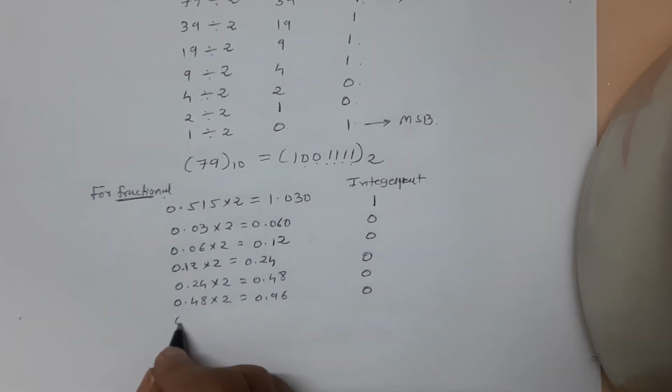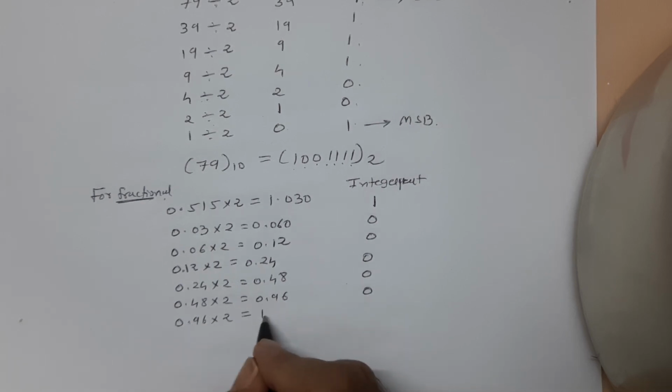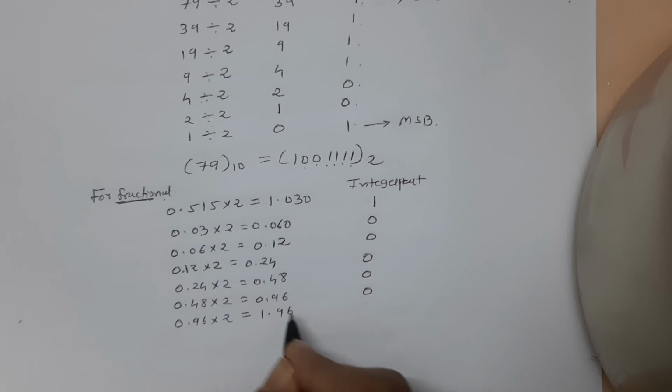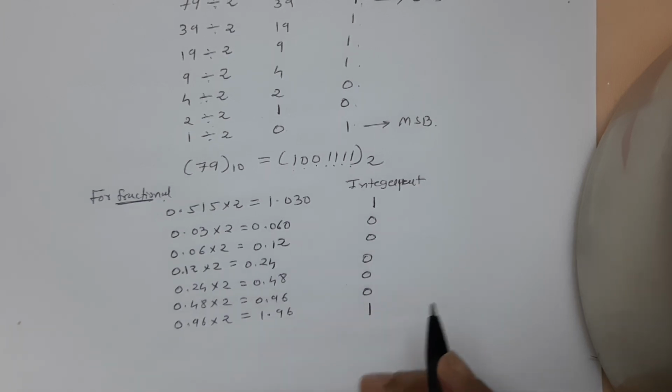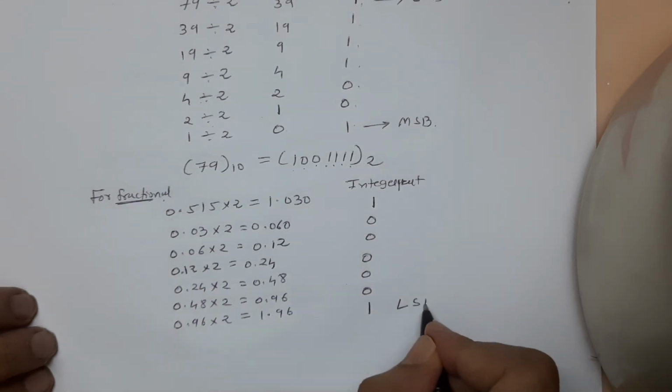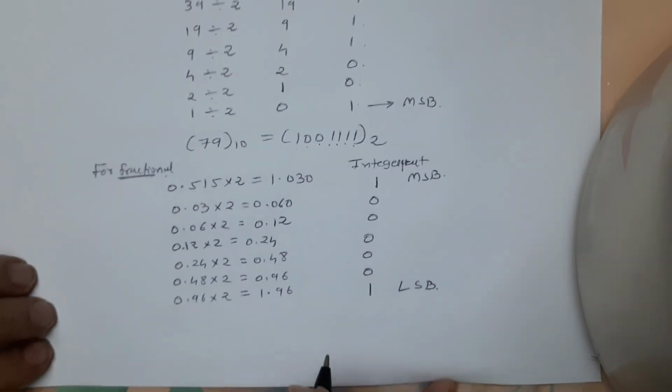And this last 0.96 into 2 is equal to 1.96. Again, this is your 1. So this is your LSB. This is your MSB.